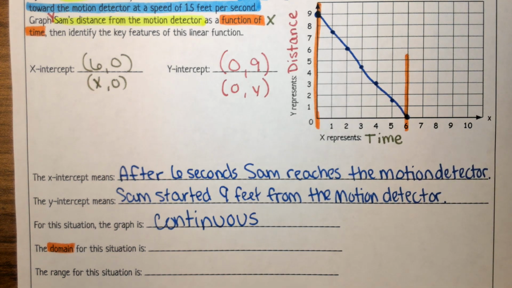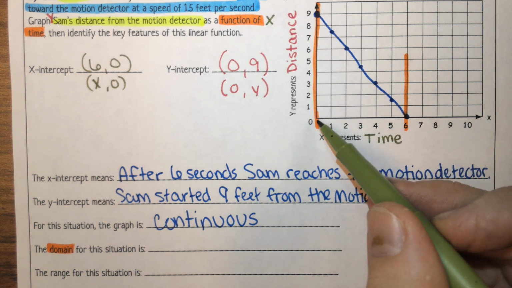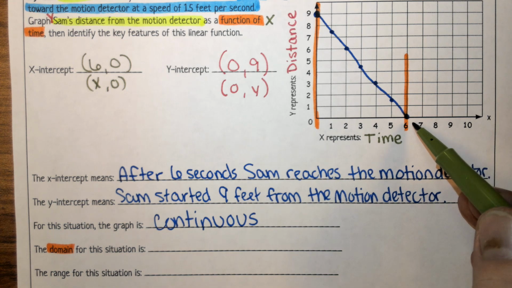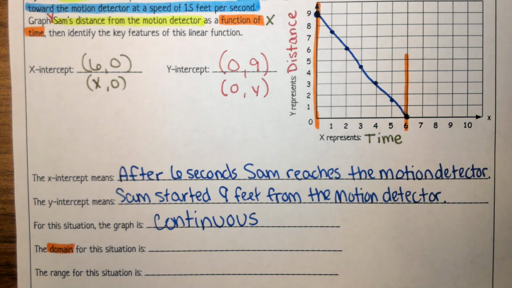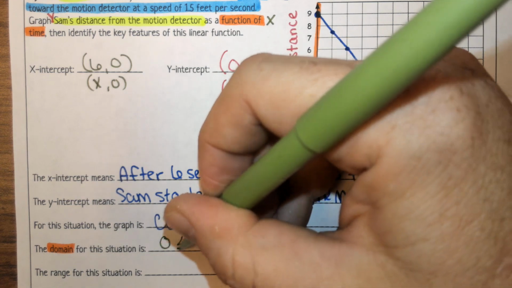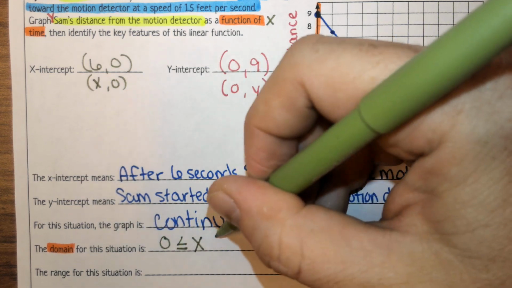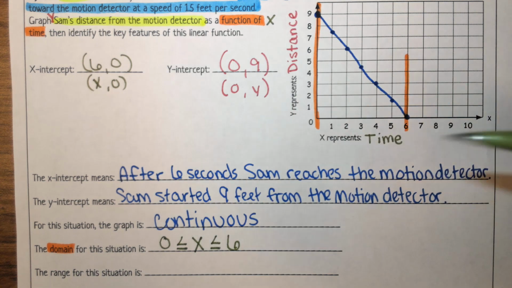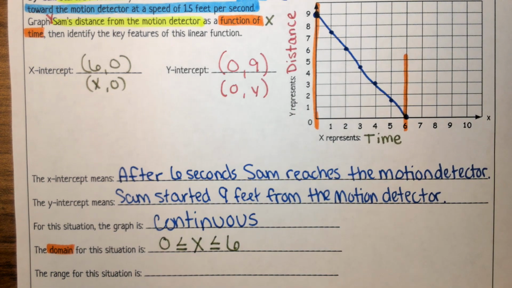Then you look at what two numbers I go in between. Well, I started with 0 and I ended with 6. And there's no open circles on this line, so I would have 0 less than or equal to x less than or equal to 6. Because I went from left to right.